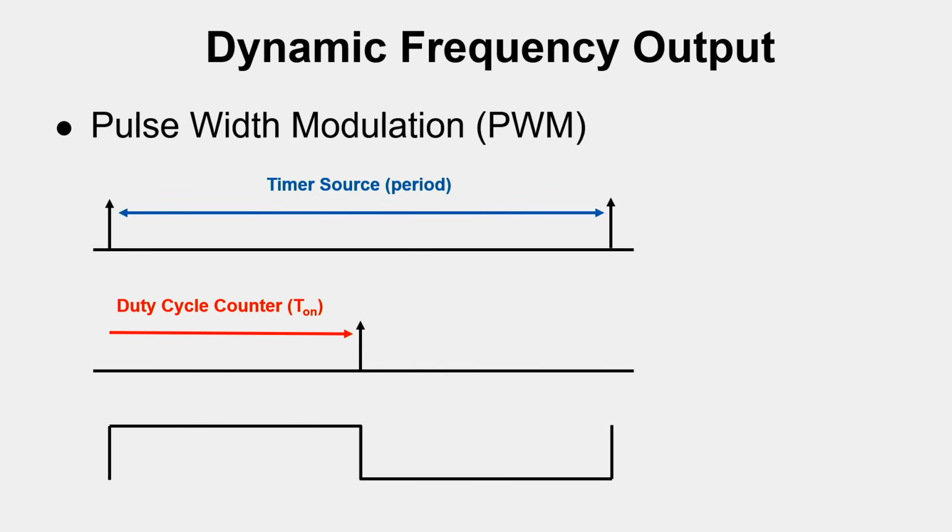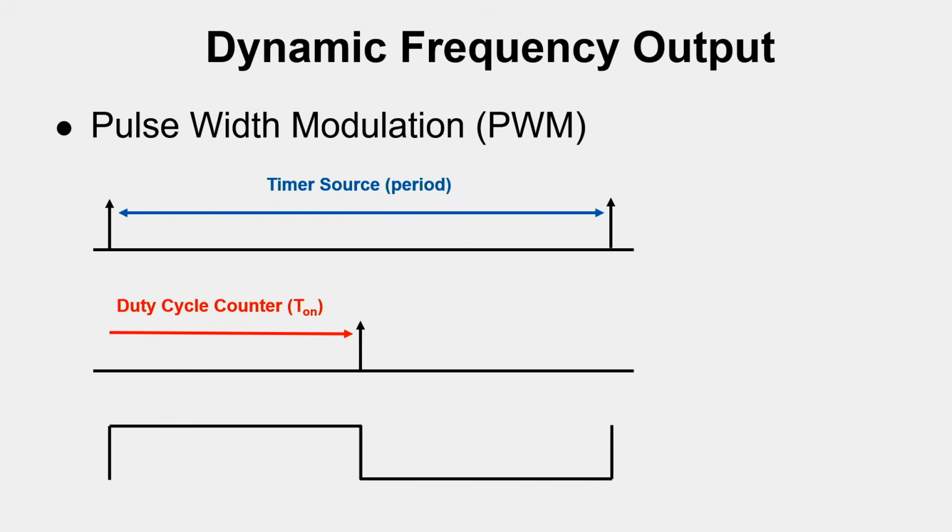As long as you have the period, the next thing you want to care about is the duty cycle, which is one of the most important parts. It's essentially the on time. So you're going to have a timer source which determines your period, and a duty cycle counter which determines your T on, your on time.